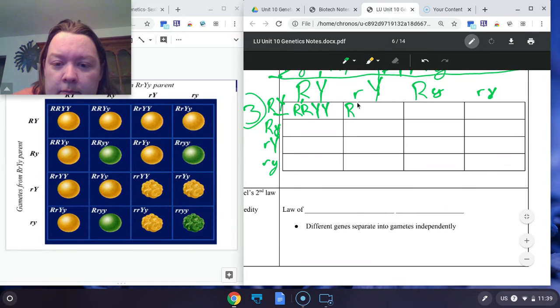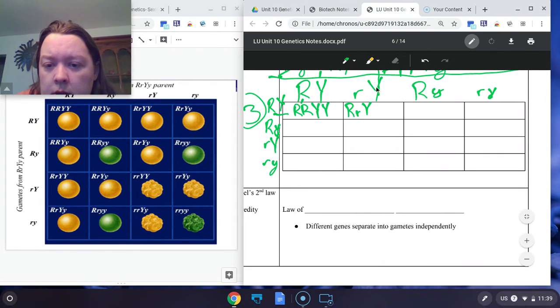It's going to go right down. This big Y will come over, and this big Y will come over.